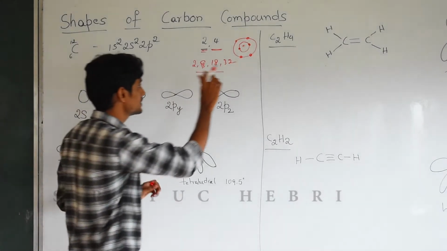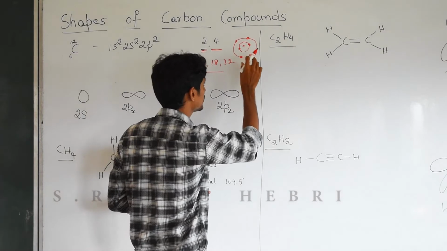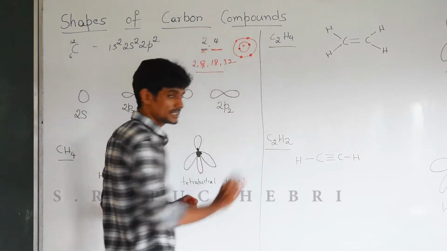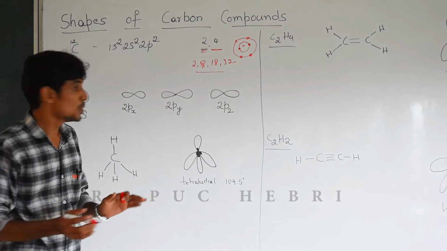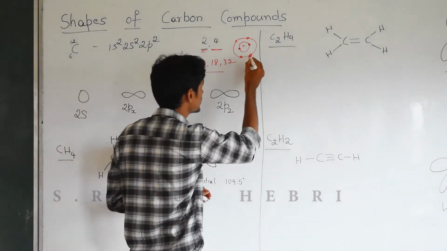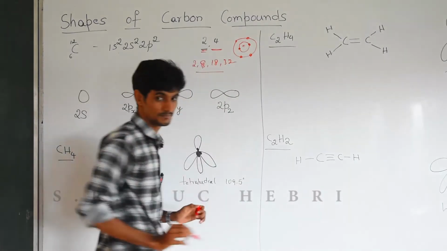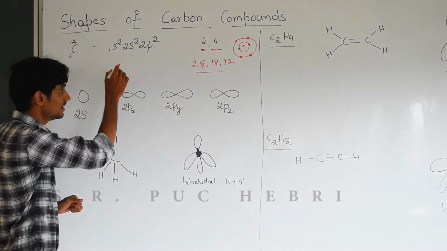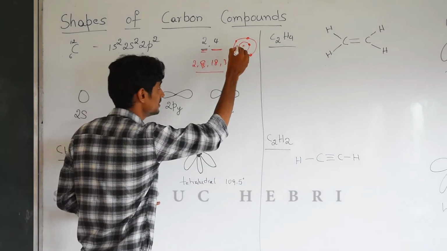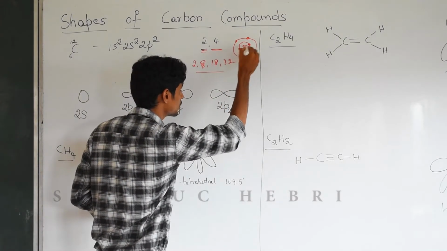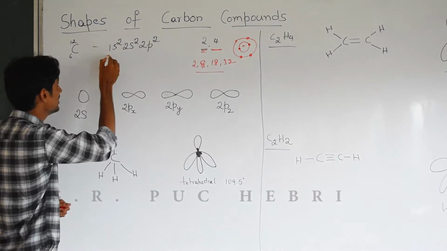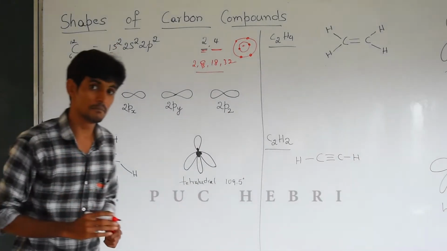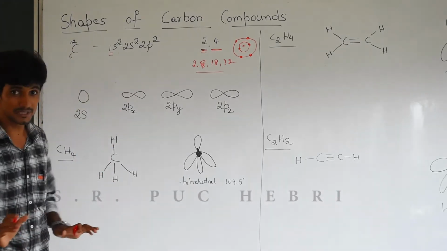This is the representation of the distribution of electrons in orbits. This is the first orbit, this is the second orbit. But we don't know where exactly the electrons are present in this orbit. So here we write that in the first orbit, these 2 electrons are present in the 1s orbital. So here comes a new concept, that is called orbital.